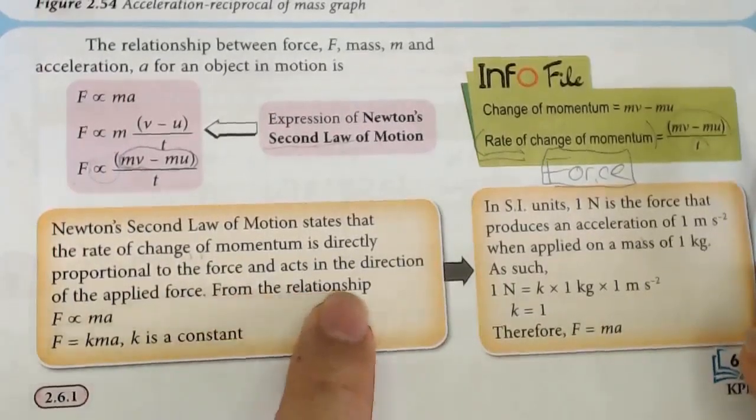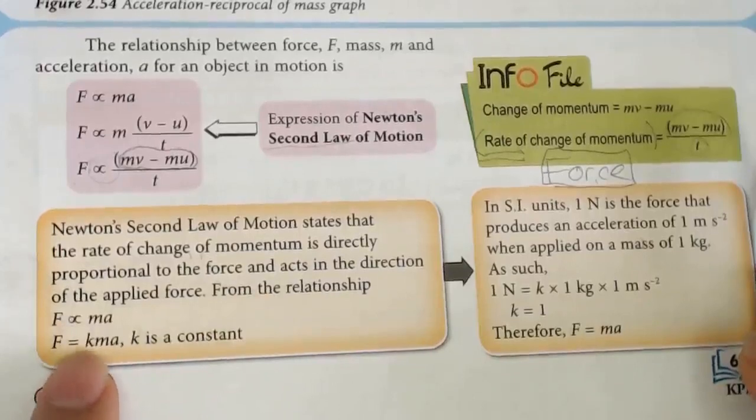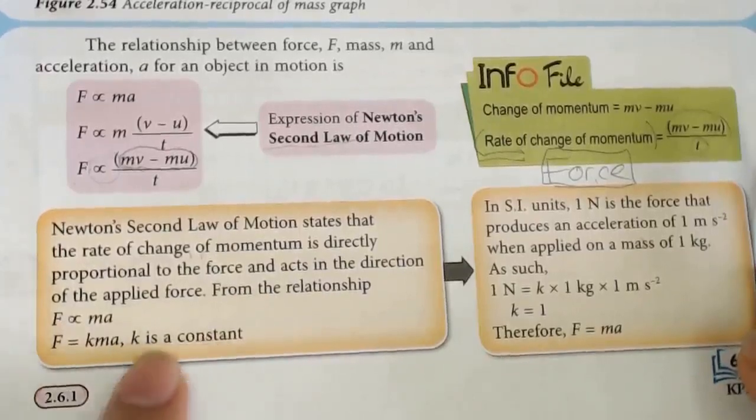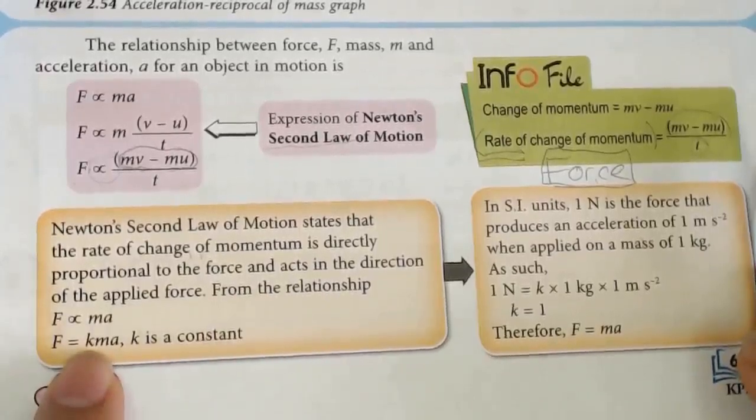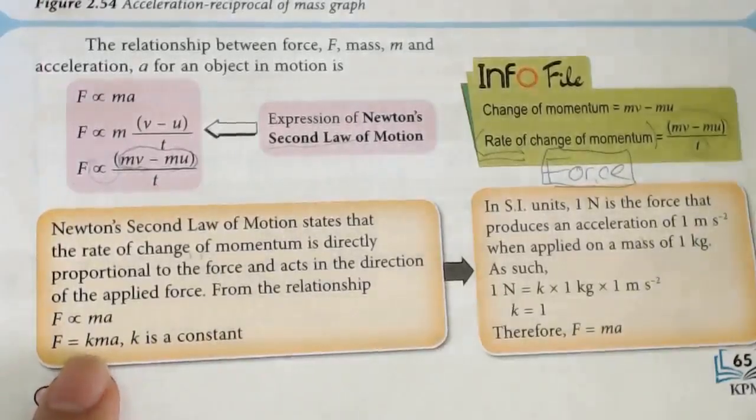From the relationship, K is a constant. In this case, K is 1.